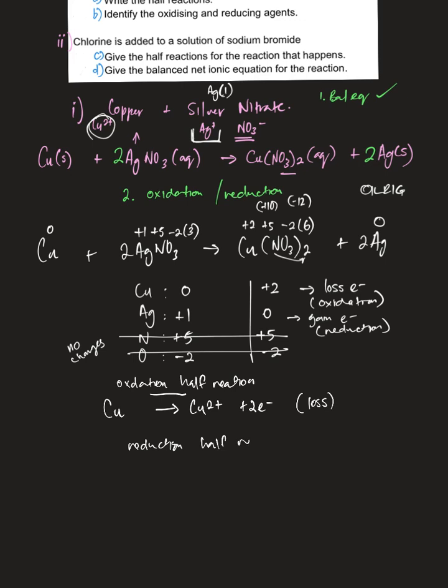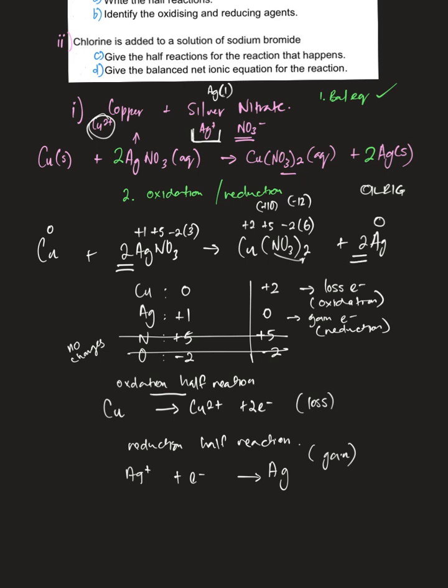half reaction. Alright, so for the reduction half reaction, you had Ag+ plus an electron. Those two will cancel each other, and I'm left now with Ag, because there was a gain. However, in terms of balancing, have a look here in front of the Ag.